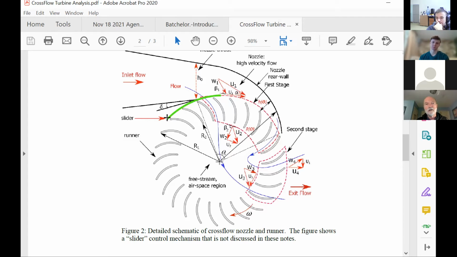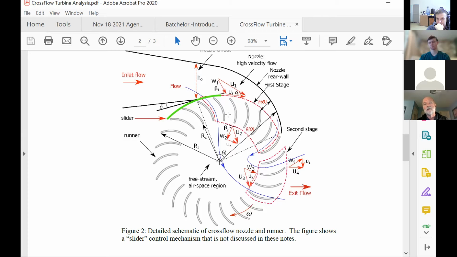So if I'm going to use a conservation of angular momentum approach to this turbine, I would draw a control volume around the runner, and I would look at the angular momentum that is entering the runner through the nozzle or from the nozzle, and the angular momentum that is exiting the runner through the exit flow.